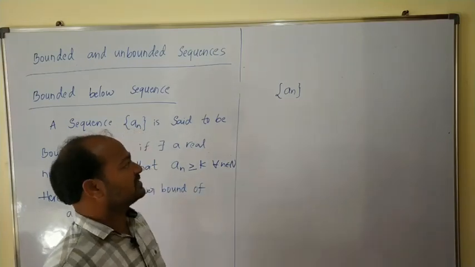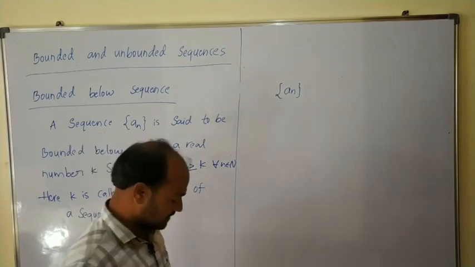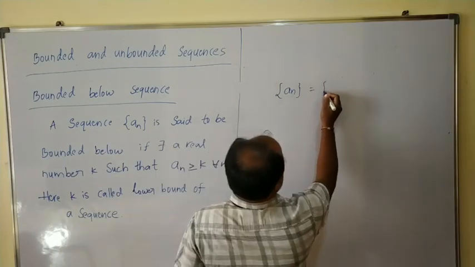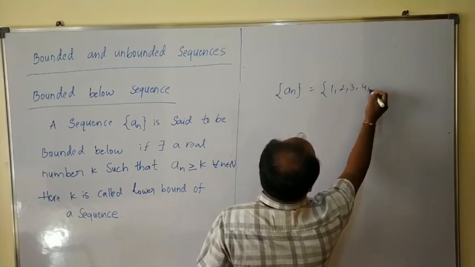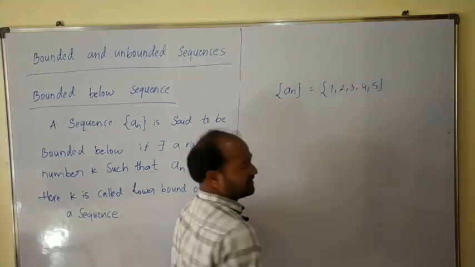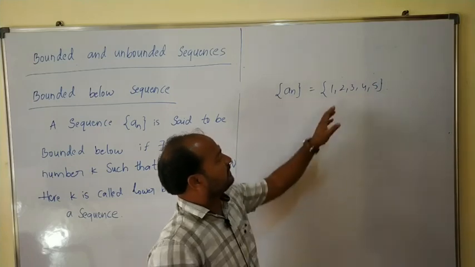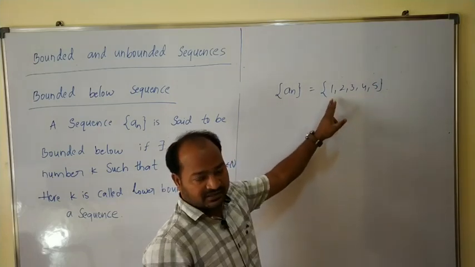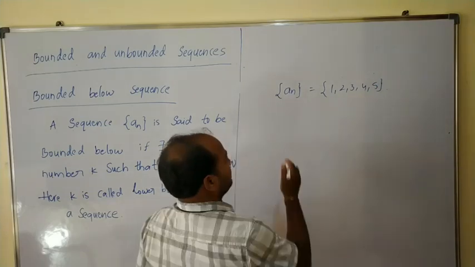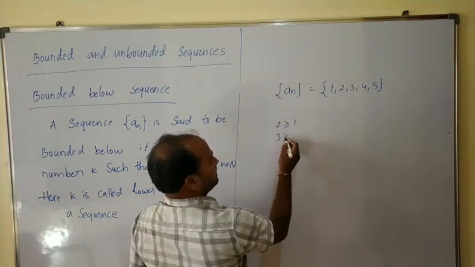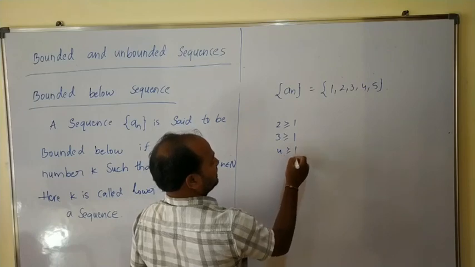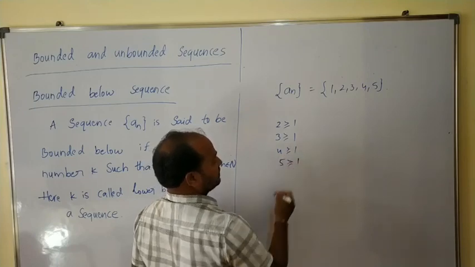For example, suppose you have a sequence like this, AN is equal to 1, 2, 3, 4, 5. If you observe, in this sequence 2 is greater than or equal to 1, 3 is greater than or equal to 1, 4 is greater than or equal to 1, 5 is greater than or equal to 1.